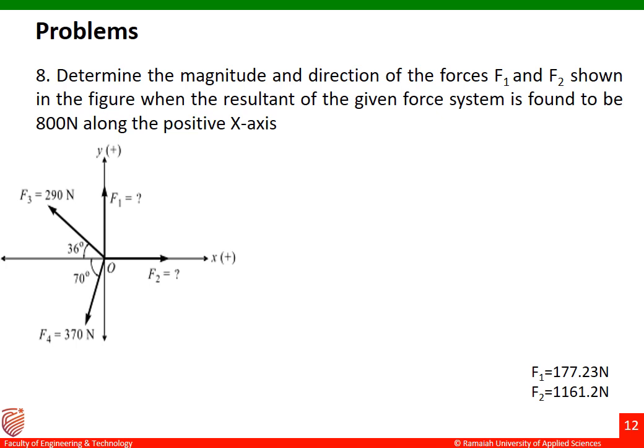The values of F3 and F4 are given, that is F3 is 290 Newton and F4 is 370 Newton. The values of F1 and F2 are unknown. And one more condition is given here: the resultant of the given force system is found to be 800 and it is acting along the positive x axis.